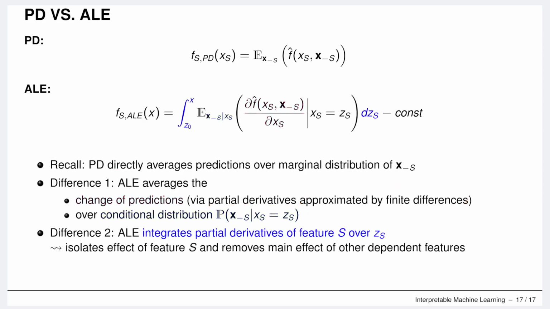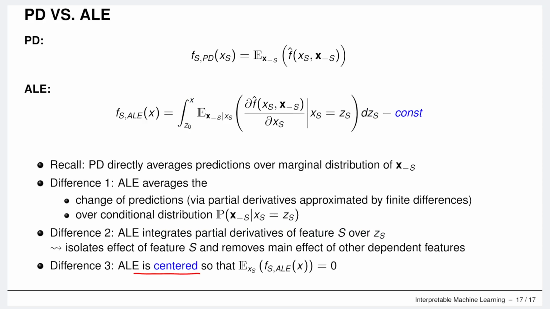The second difference is that ALE integrates partial derivatives of a feature. This integration of partial derivatives isolates the effect of the feature S, meaning that it removes all other main effects that are dependent on this feature. The third difference is that ALE is always centered.